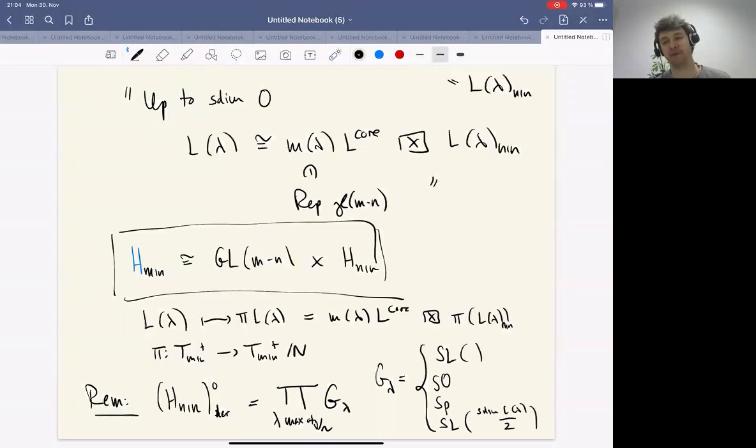This can also happen. And this L_λ always corresponds to the standard representation. So essentially, this gives you the tensor product decomposition up to superdimension 0, because of course for SL, SO, SP, we know what happens.